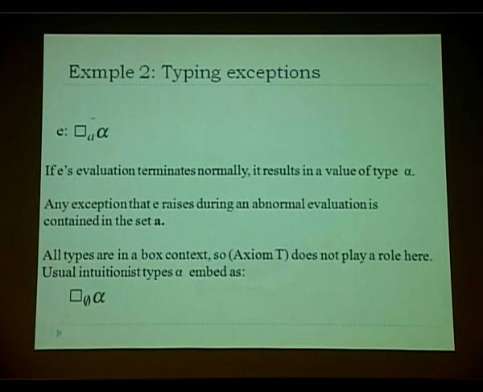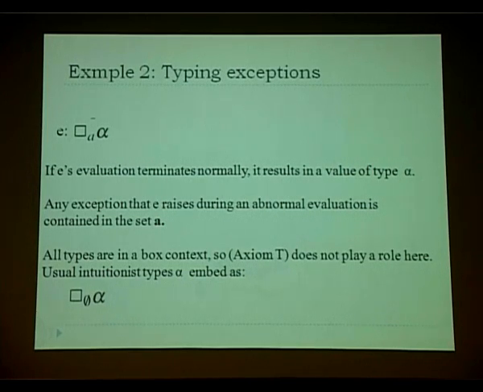But on the other hand, when I run E, there may be some abnormal situations called exceptions, right? And E will have the type written up there if any abnormal evaluation, any exception which is raised, is contained in the set A, okay? So that's what the types mean in this system.